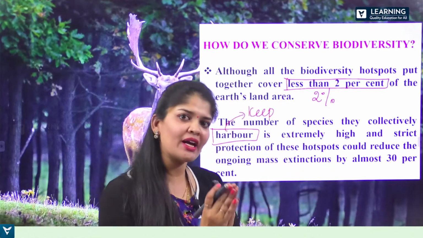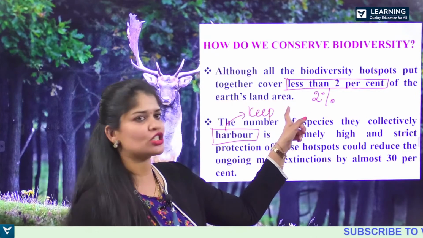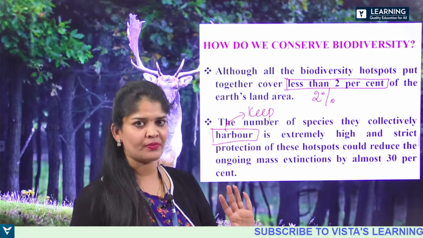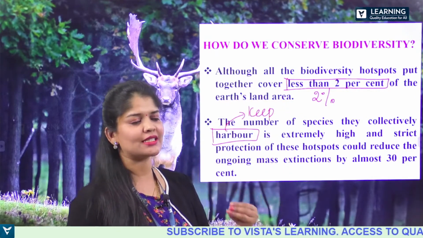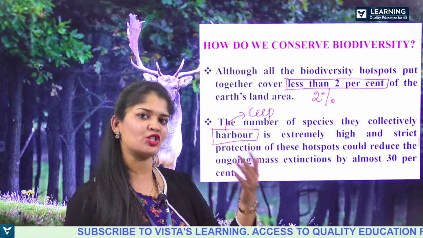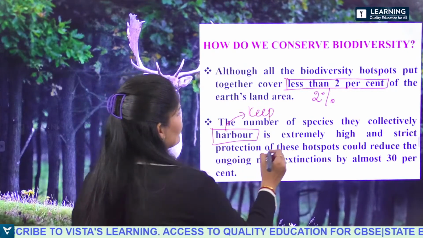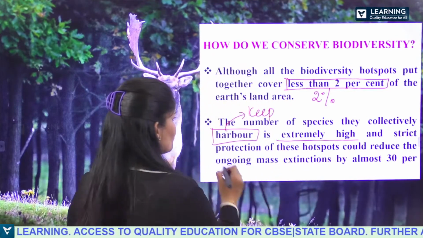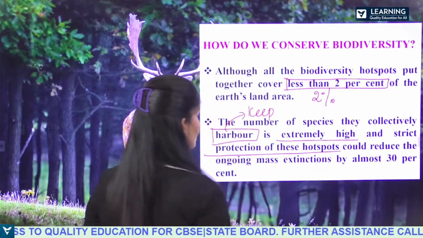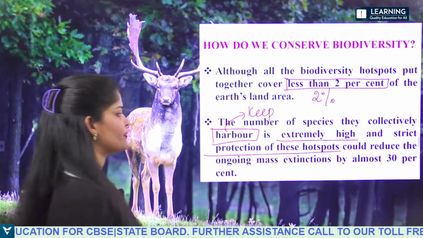Though the percentage of the area is small, it gives shelter to an extremely high number of species, and strict protection of these hotspots could reduce the ongoing mass extinctions.